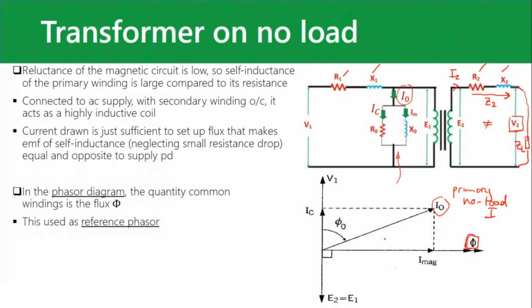And then in phase with the flux, the component of IO which is in phase with the flux, we call IMAG, or the magnetizing current. And then you get this smaller IC, which is in phase with the applied voltage, V1.